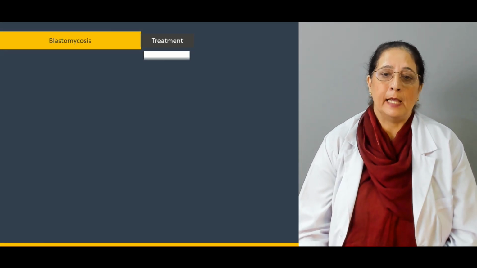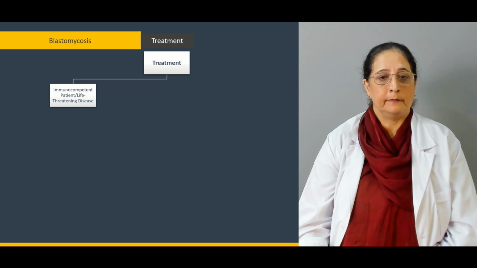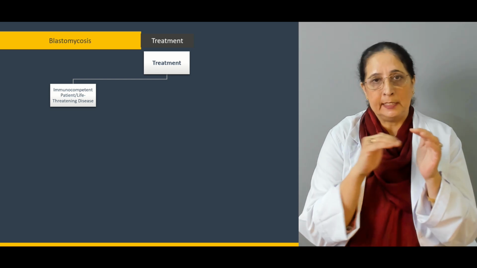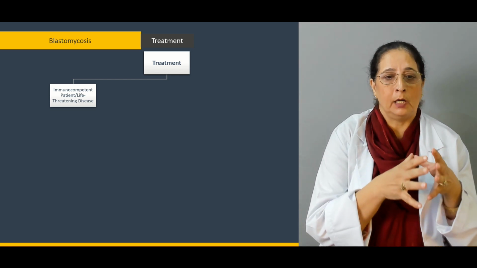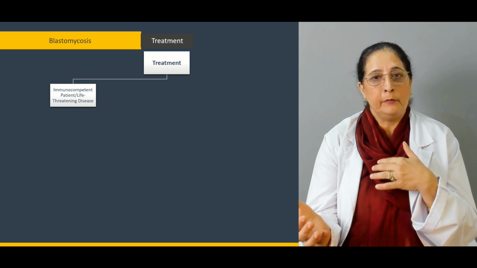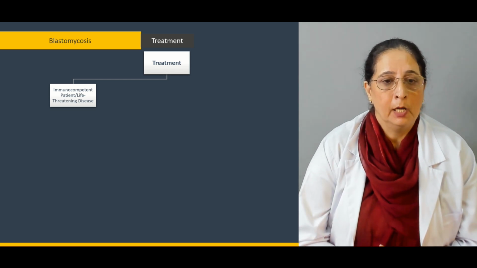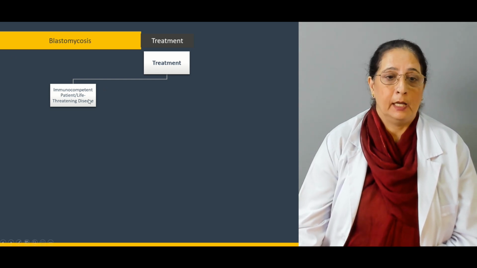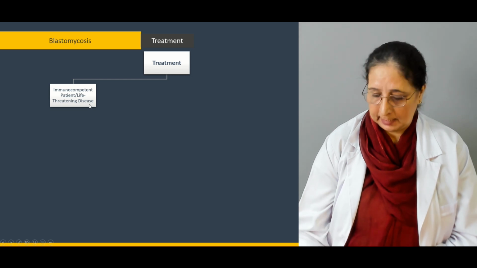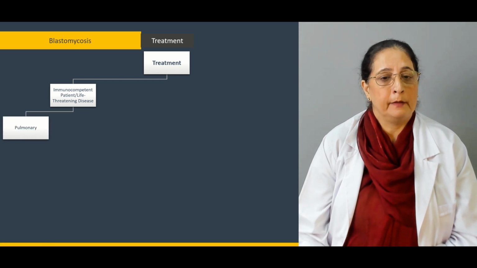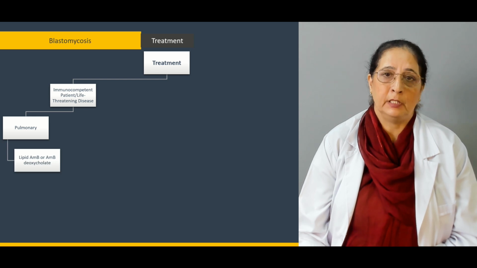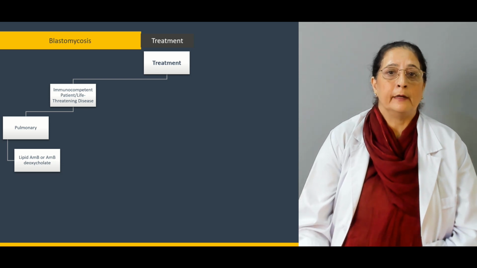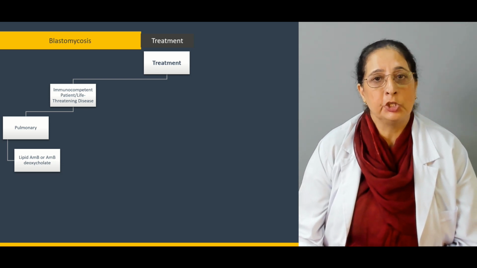So the treatment of blastomycosis, you will see we will divide it into immunocompetent and immunocompromised individuals. First is the immunocompetent patient, life-threatening disease. So these patients with pulmonary lung infection are treated with lipid amphotericin B or amphotericin B deoxycholate.